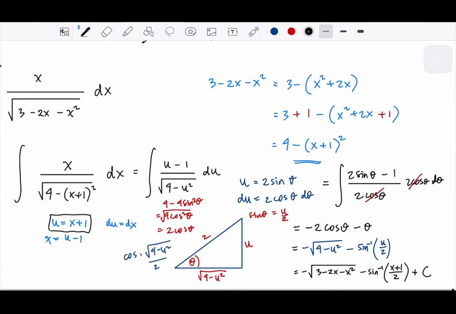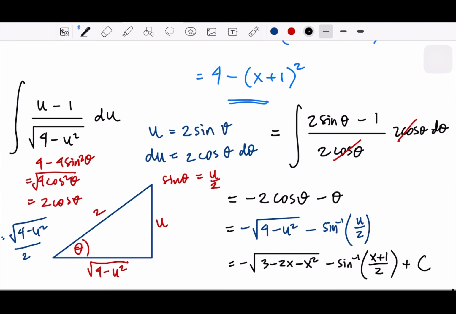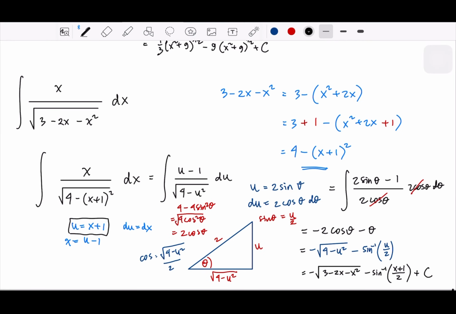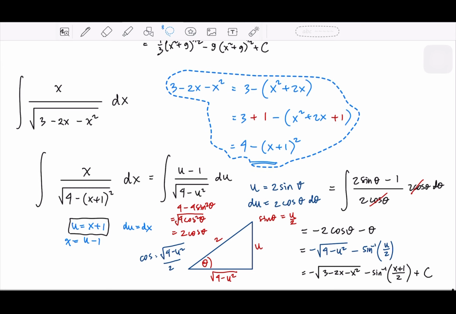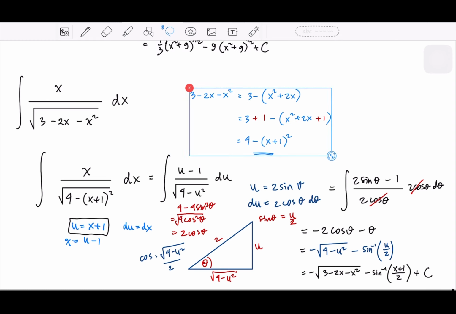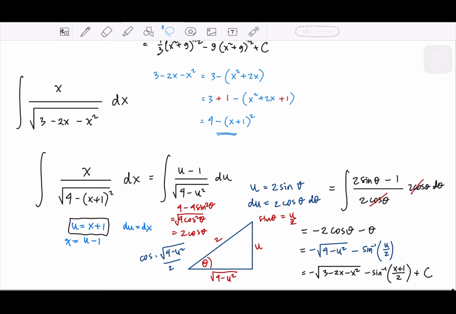I hope you get everything correct. I'm writing a little bit messy here, sorry. Let me resize everything that can be resized.